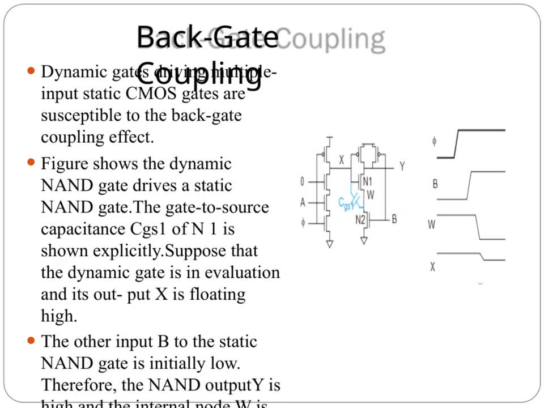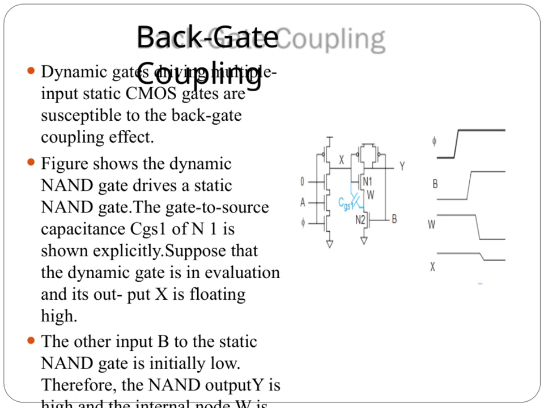At the same time, the other input, B, to the static NAND gate starts off low. Because of this, the output Y of the NAND gate remains high, and the internal node W becomes charged up to VDD minus the threshold voltage, VT. This setup is critical because any changes can influence the voltage at node W through backgate coupling, impacting the overall circuit behavior.